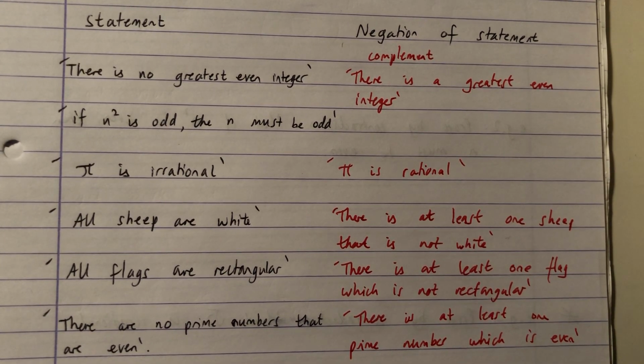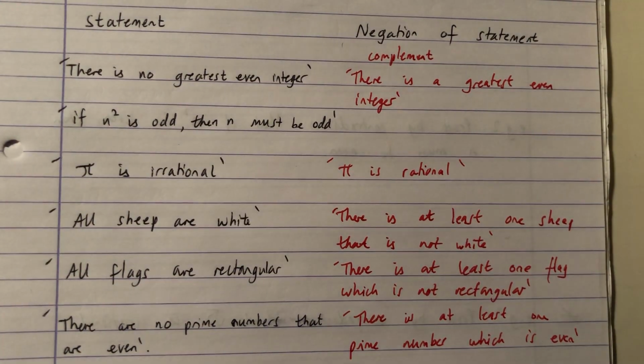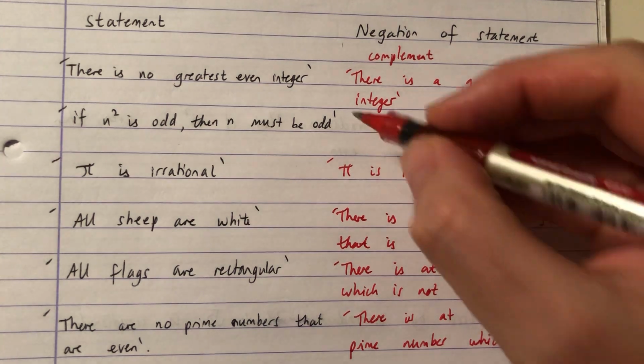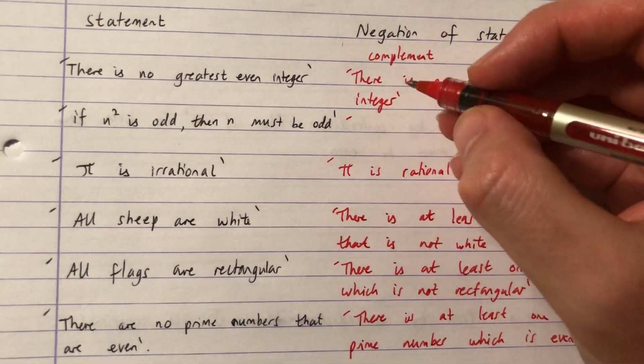Let's go back to this last one. If n squared is odd, then n must be odd. So they're claiming if n squared is odd, then n must be odd. Now the negation of this is quite difficult to write. And it would be something like this.